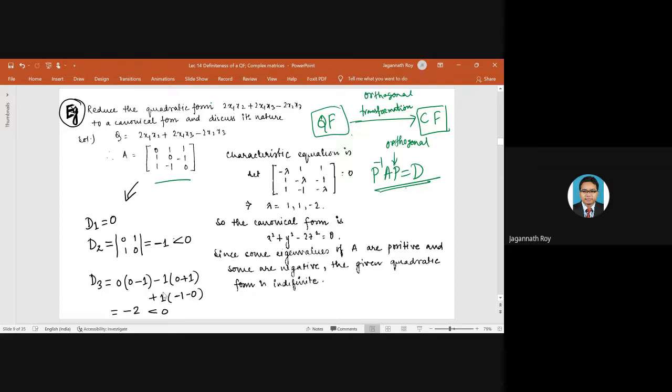And when we find the canonical form, it is nothing but the sum of squares, where the coefficients are: this is 1, this is also 1, and this is -2. That means the coefficients are none other than the eigenvalues. So if you can find the eigenvalues, from there you can directly write the canonical form.